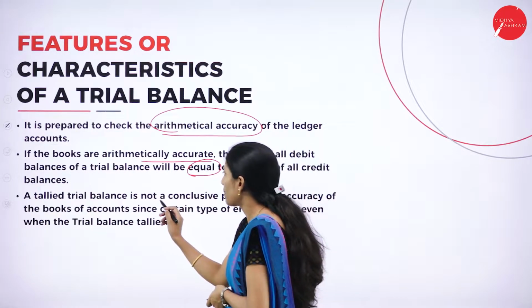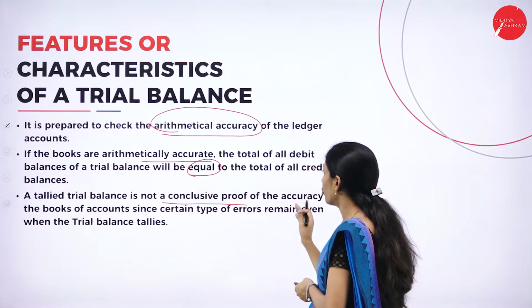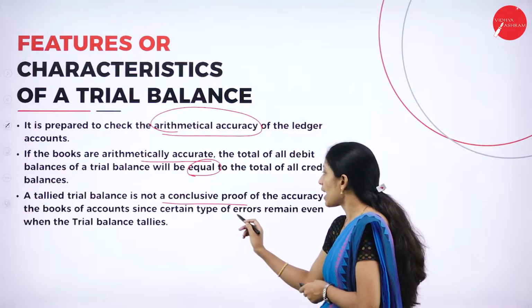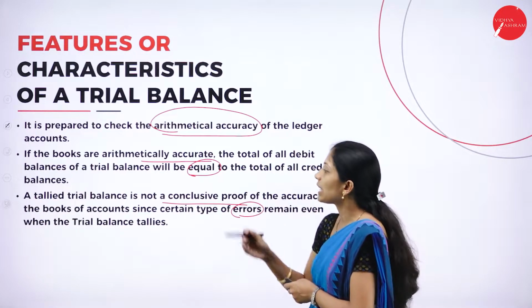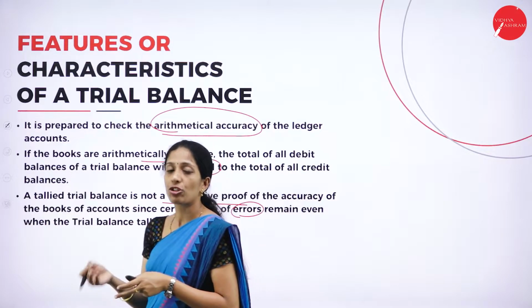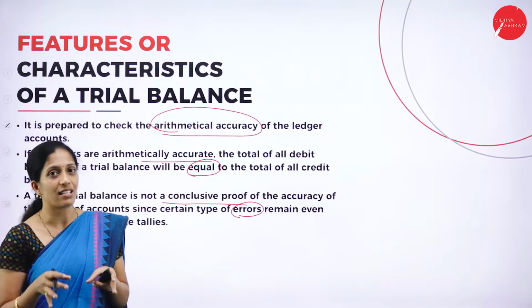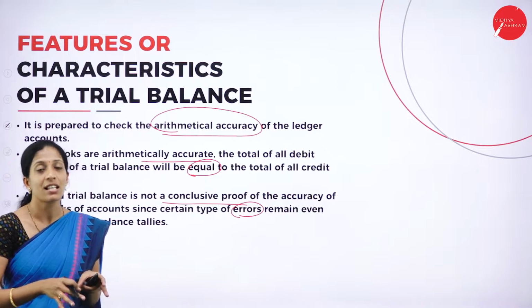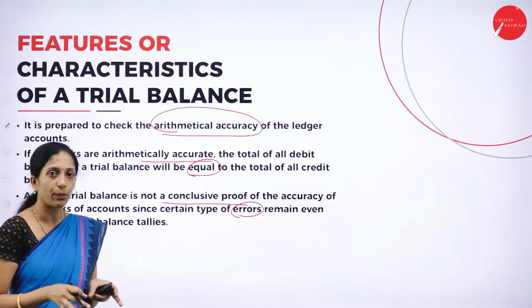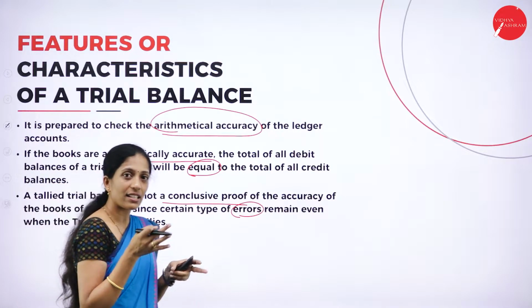A tallied trial balance is not a conclusive proof of the accuracy of books of account, since certain types of errors remain even after preparing the trial balance. We cannot tell that if the total of debit balances and the total of credit balances of the trial balance are equal, it is actually correct.